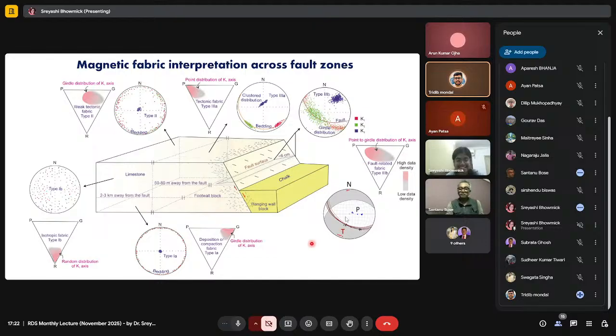Right. So, one thing I'd like to know from Sreyashi, because this is also new for me. If you look at any fault, this is a kind of shear fracture, right? So if you look at any dike, let's say the width of the dike is in meter scale, 1 meter or 2 meter.